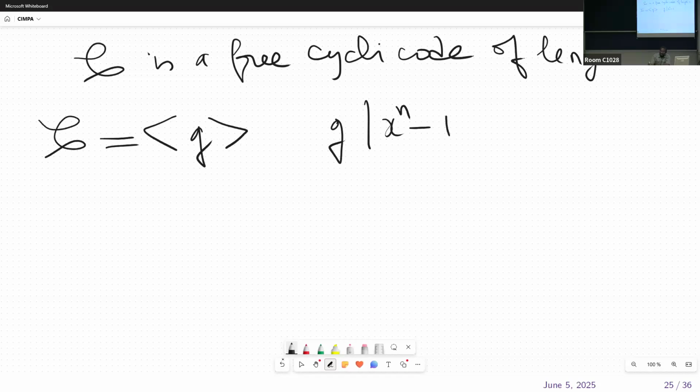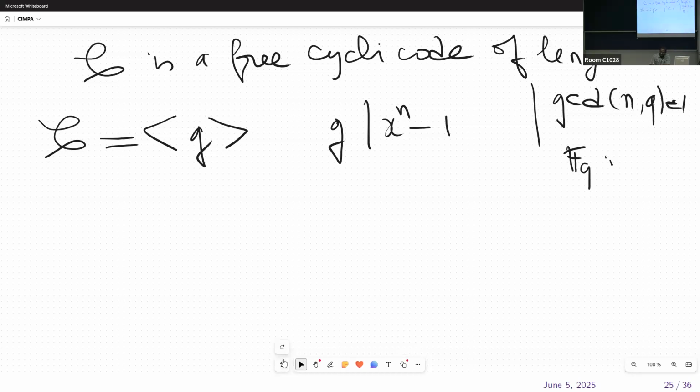Another condition: n and q are coprime, where q is the cardinality of the residue field of R, and R is a finite chain ring.